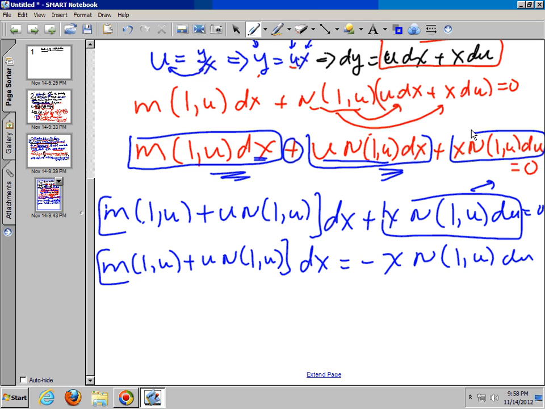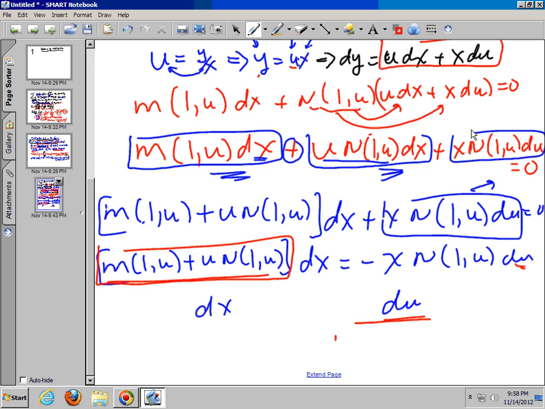Now, I want to get the x's on one side and the du's on the other side. Since this has u's, and the du's are on the right side, I'm going to move this factor from the top to the bottom. It's going to become M of 1 comma u, which is a function of u, plus u, which is a function of u, times N of 1 comma u, which is a function of u.